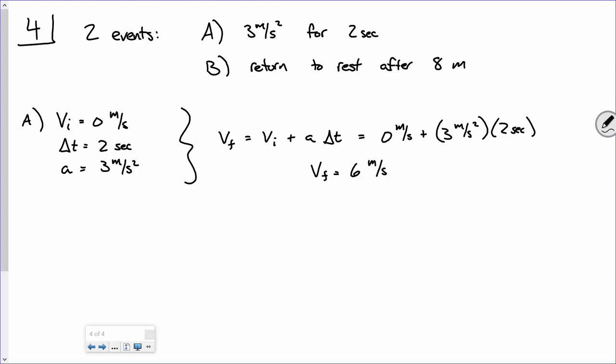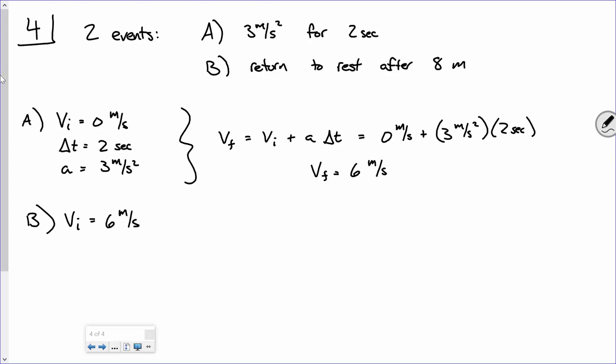What velocity am I moving at? 6 meters per second. Sound good? So at the beginning of B, that's the big thing to keep in mind. At the beginning of B, my initial velocity is what I ended up with on the first step, 6 meters per second. Make sense?